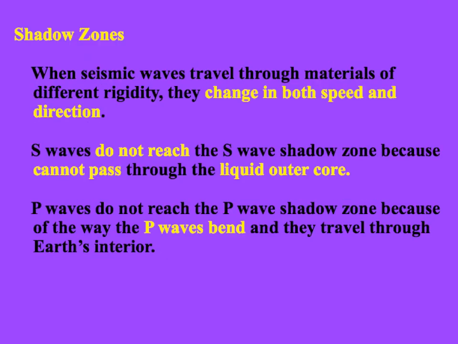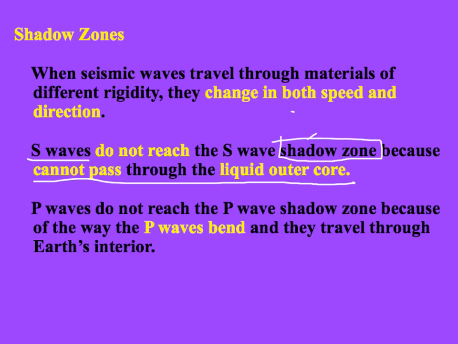Now, because S waves cannot pass through liquids, there are these things called shadow zones, and a shadow zone is an area that only receives P waves. And they occur on the Earth. We'll see a picture in a minute.